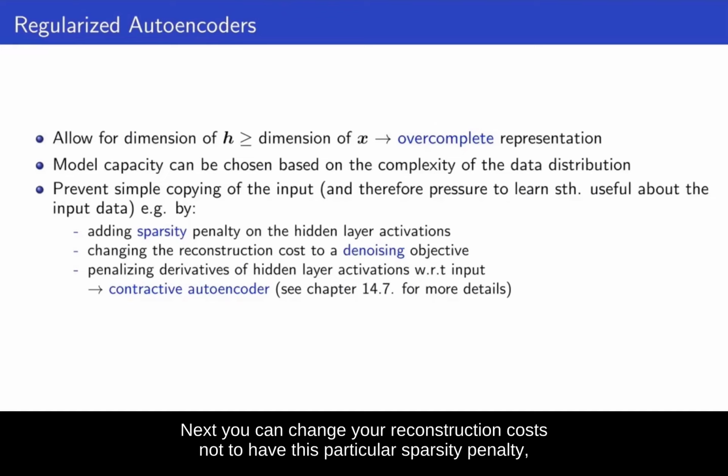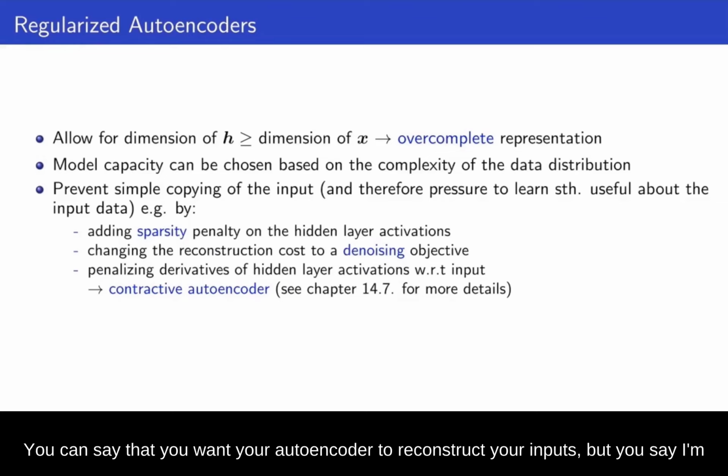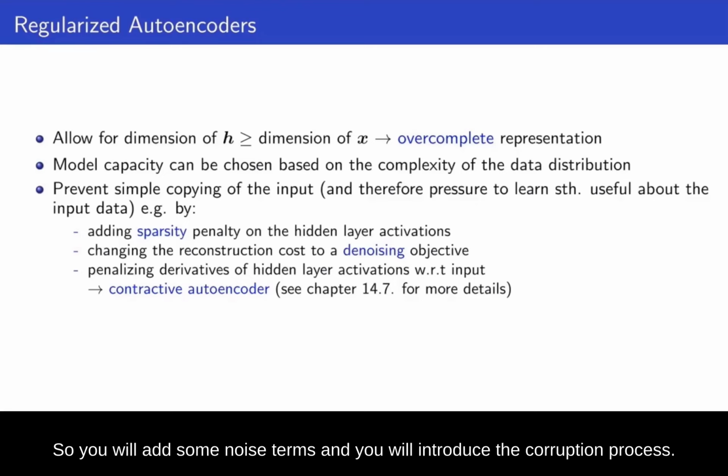Next, you can change your reconstruction cost, not to have this particular sparsity penalty, but to introduce a different objective. You can say that you want your autoencoder to reconstruct your inputs, but you're only going to show it a corrupted version of these inputs. So you add some noise terms and introduce a corruption process.